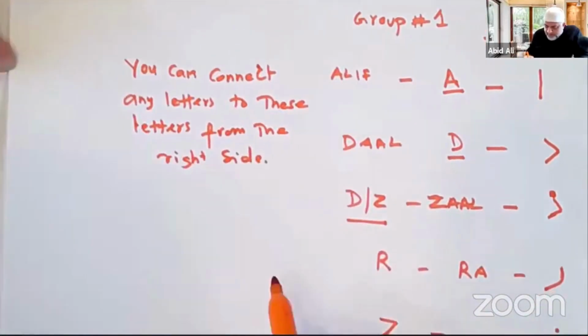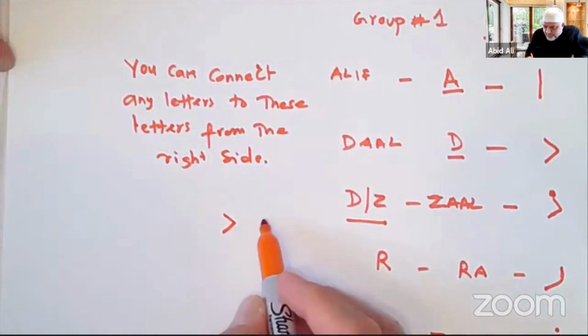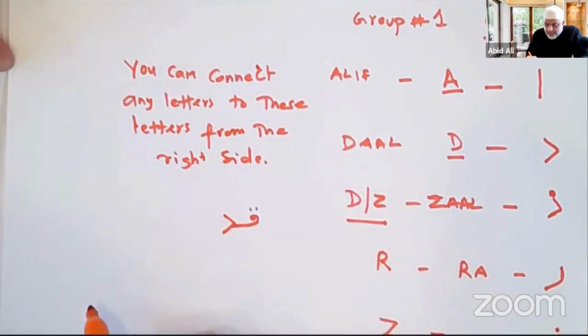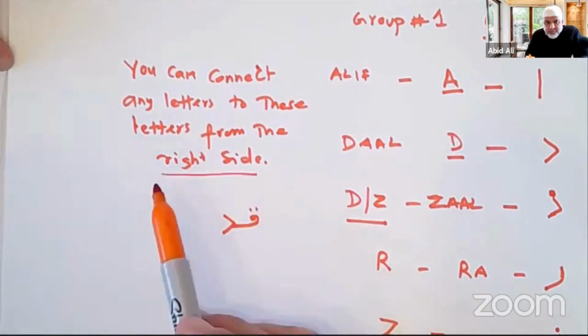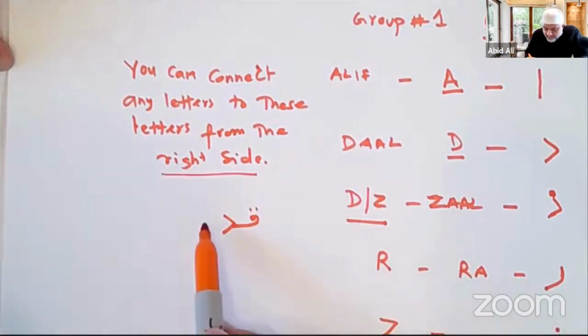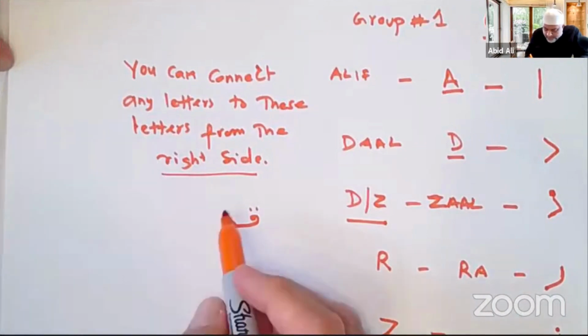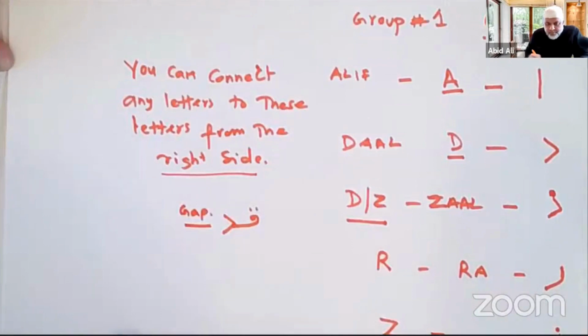If I take, let's say, dal, I can add kaf to it from the right side. You see what happened? It becomes kad. So I can add or connect letters to these letters from the right side alone, because if I connect from the left, there is going to be a gap.